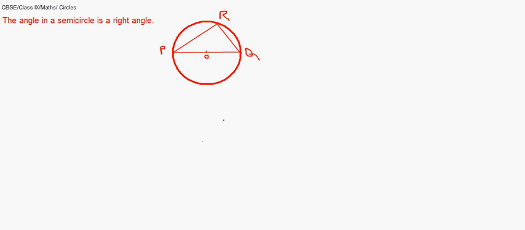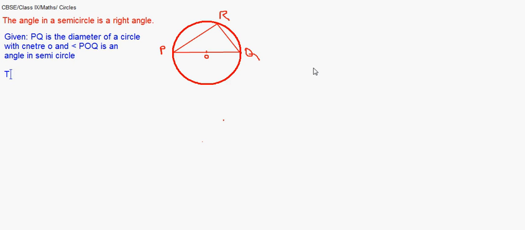What is given to us in this figure? We write here: we are given that PQ is the diameter of a circle with center O, and this angle, POQ, is an angle in a semicircle, right?